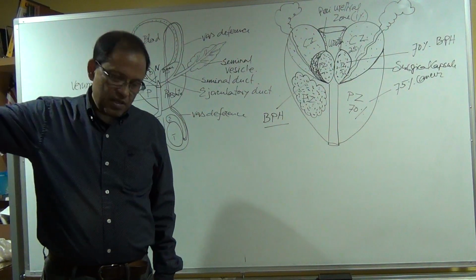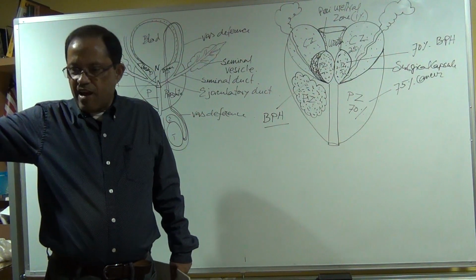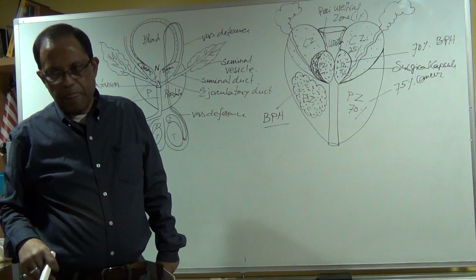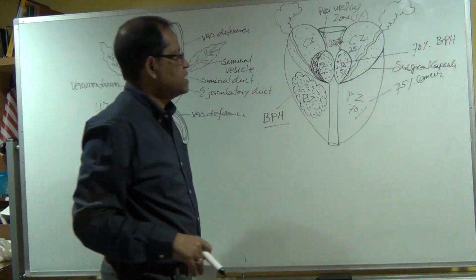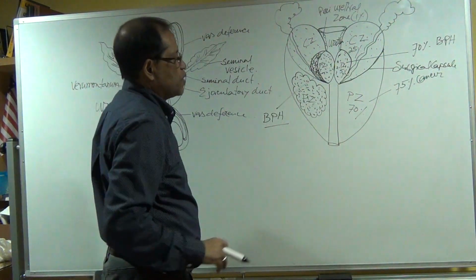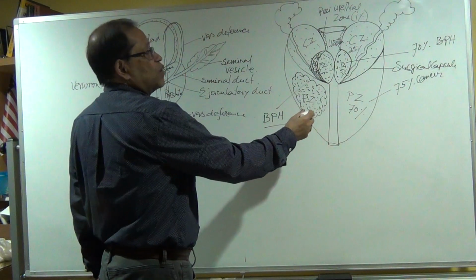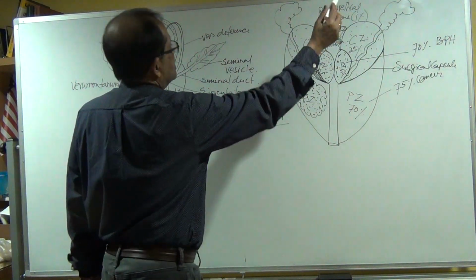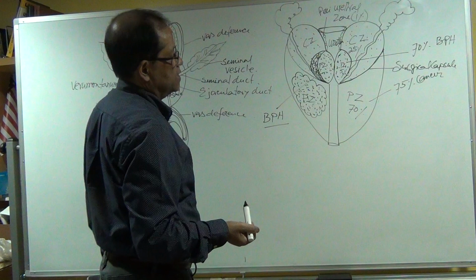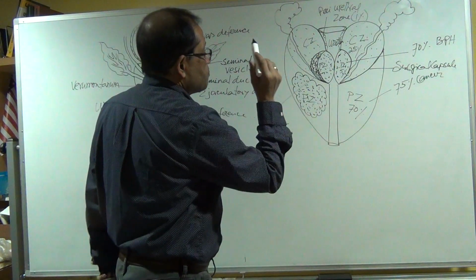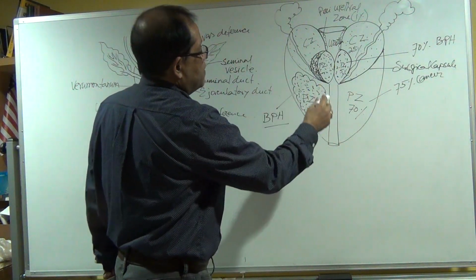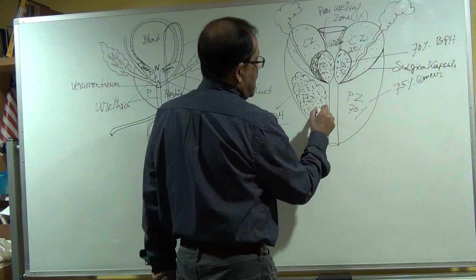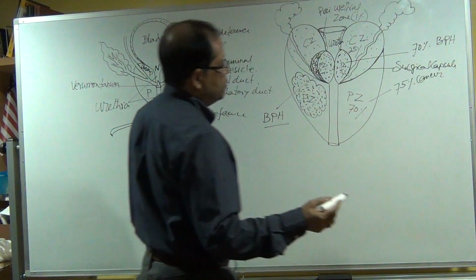And by that time, his age will be 85, 90. And they say, I don't need the surgery. Okay? It is very slowly progressing. It can metastasize to the bone or to the other organs. So the peripheral zone is the glandular zone, and it may develop malignancy.